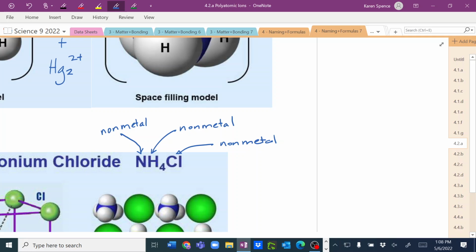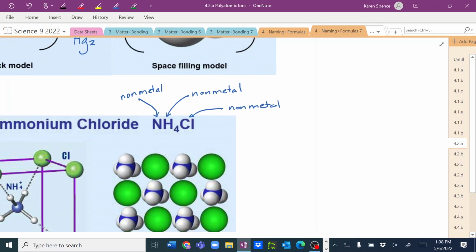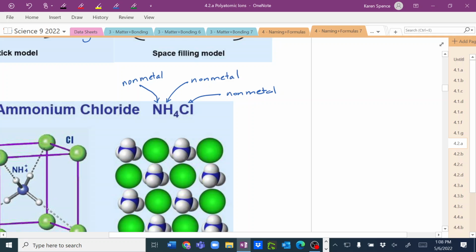What kind of compound must that be? It must be covalent, but it's not. The reason it's not covalent is that this entire group is a positive ion, and the chloride is the negative ion. So you need to watch out for NH4. If a compound begins with a metal, or if it begins with NH4, it is an ionic compound.